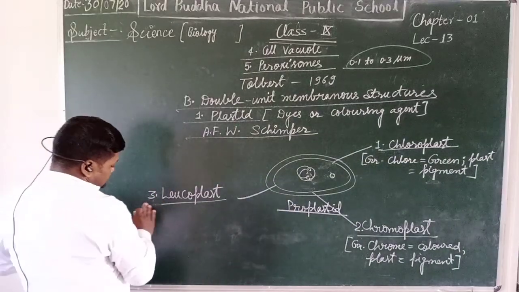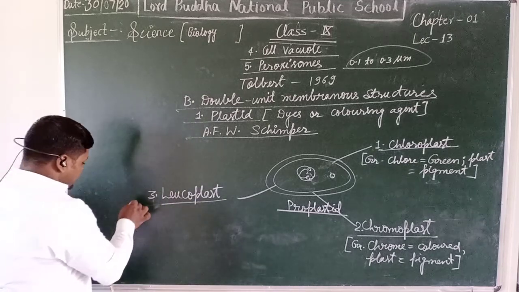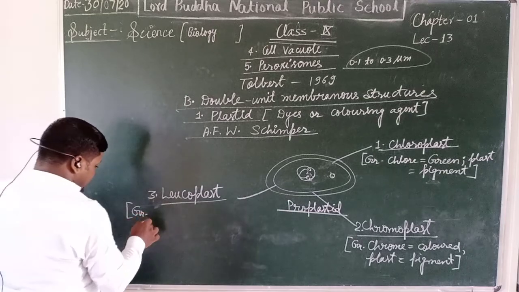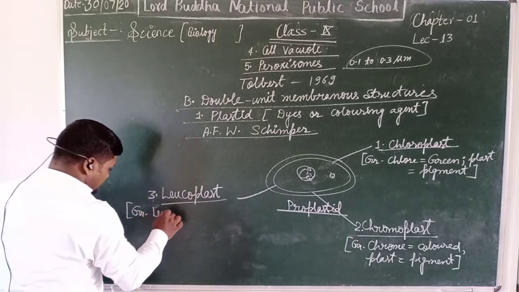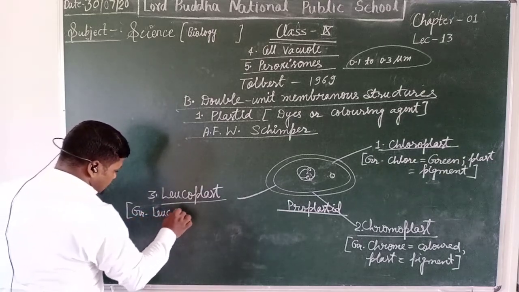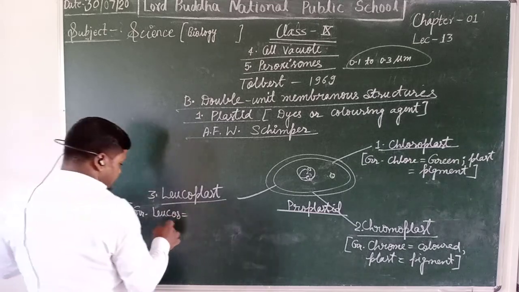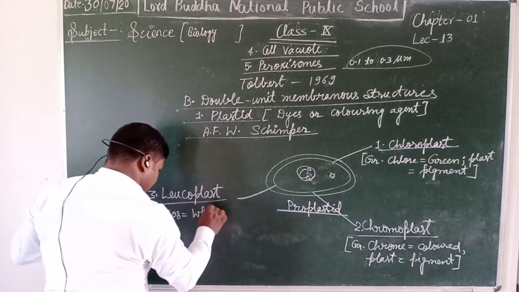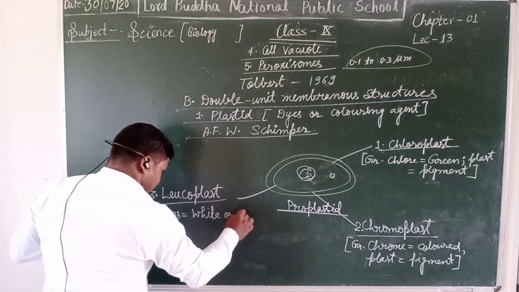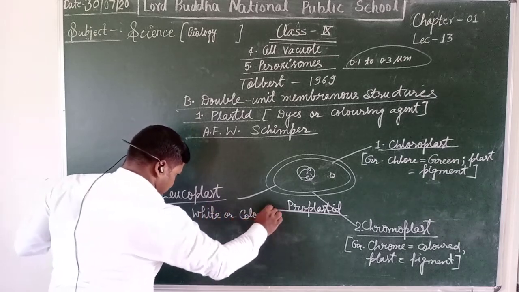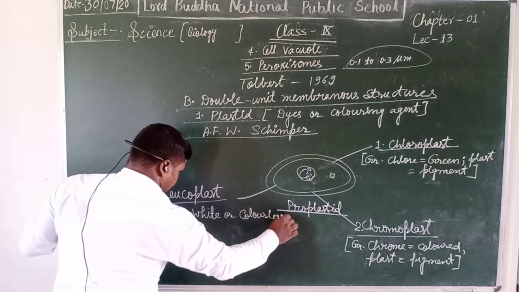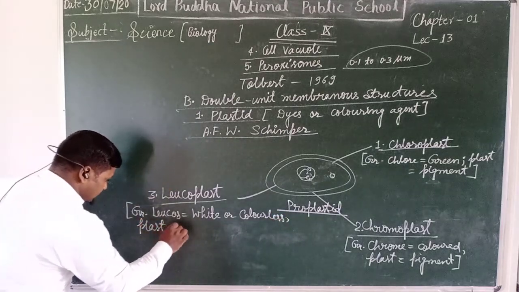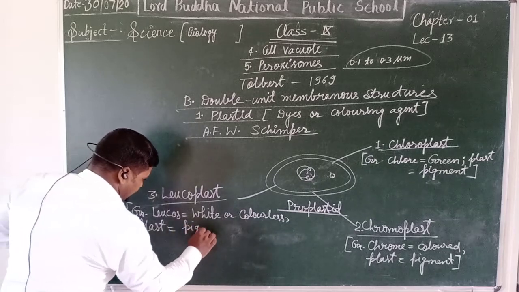Now, leucoplast is also taken from a Greek word, leukos, that means white or colorless, and plast means pigment.